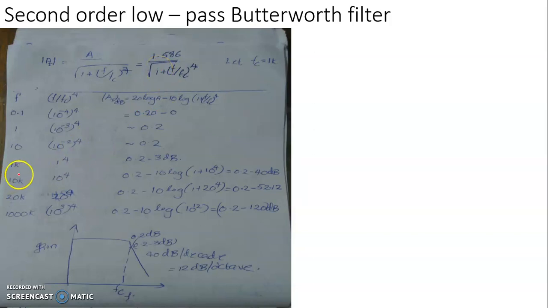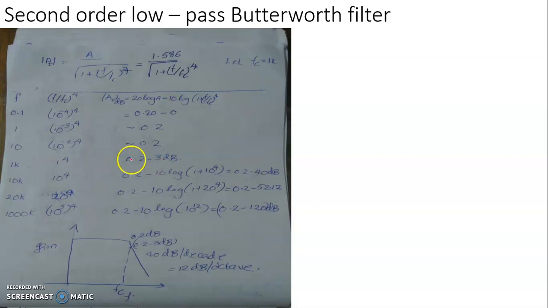Now we take the frequency to be equal to the corner frequency. Then F by FC is 1 raised to 4, and 1 raised to 4 is 1 itself. So this is 1 plus 1, 2. So the decibel gain will be 20 log 1.586, which is 0.2, minus 10 log 2, that is 3 decibel.